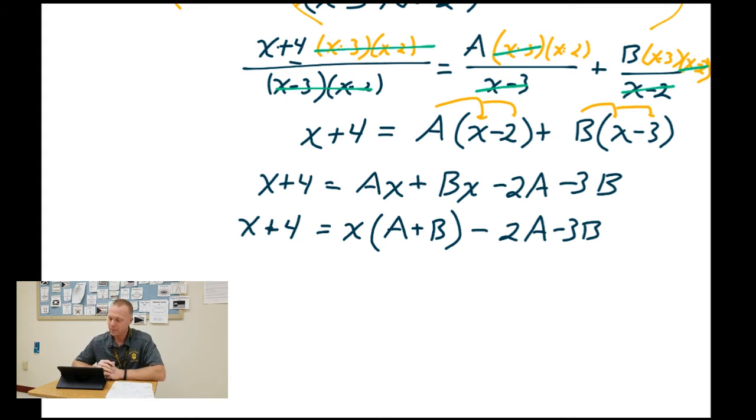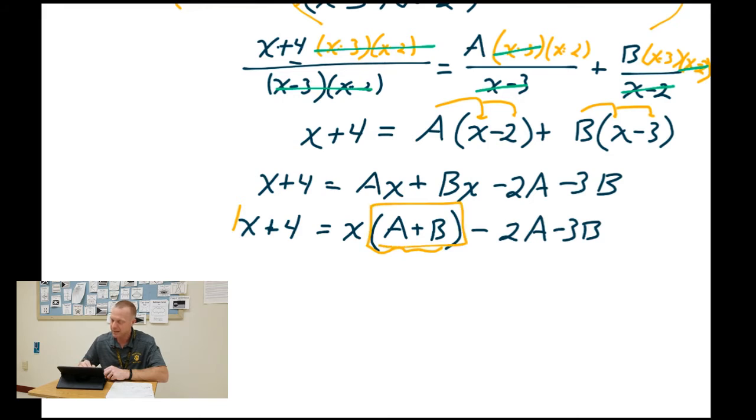All right, we're ready to do kind of my favorite step, and that is to equate the terms. Listen carefully as I ask you a very simple question. What number is in front of x on the left side of the equation? What number? 1, right? Well, what is in front of x on the right side of the equation? You catch my hint?